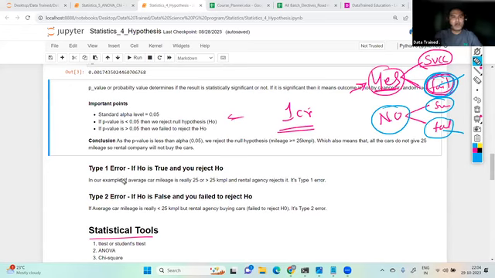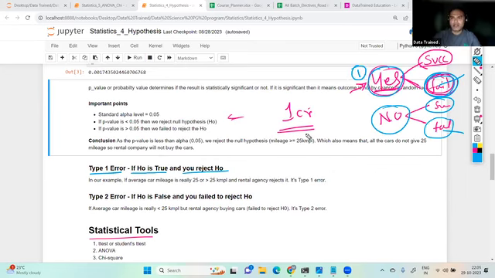So let's come back to our car example to understand much better. Type 1 error means H naught is true and you reject the null hypothesis. Let's talk about this case. He is saying yes, you invest, you will get a success.